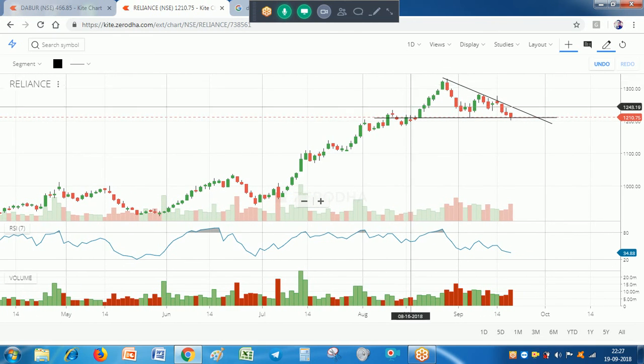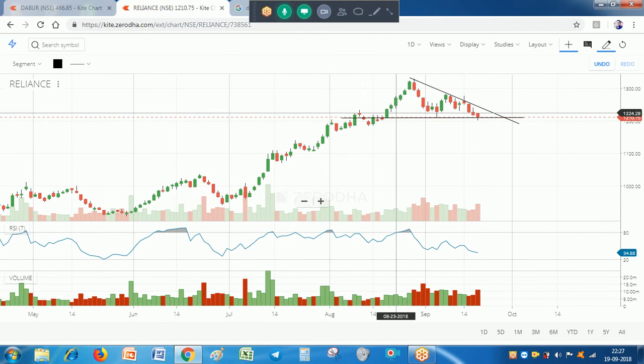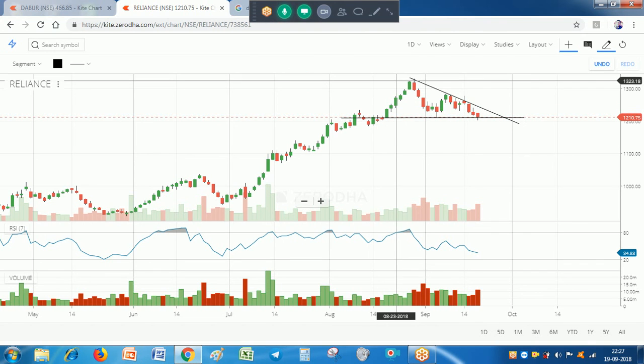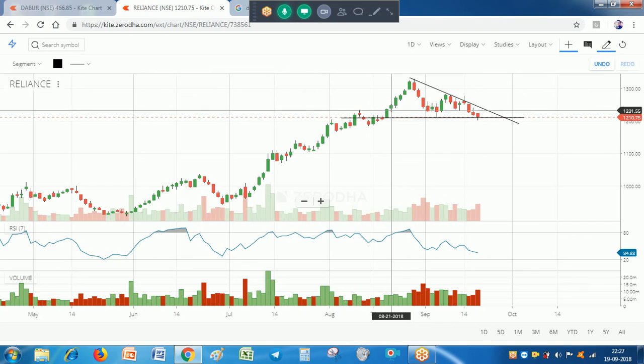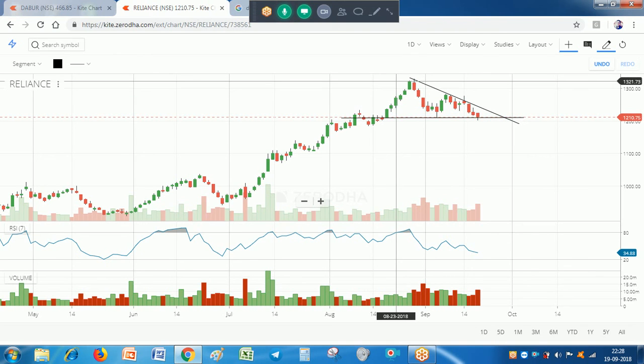So how much target can we expect after the breakout? We can expect a target of, let us check, 1210 up to 1325, let us say 30.